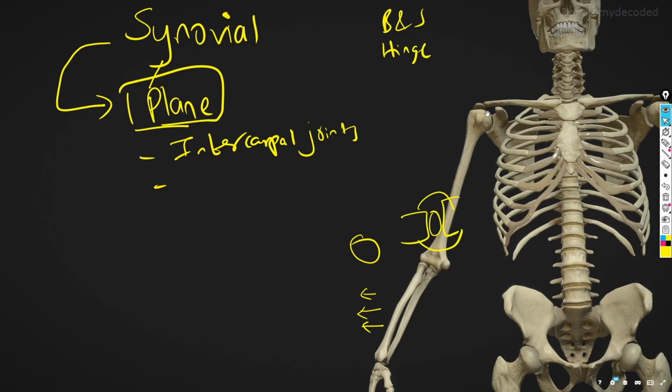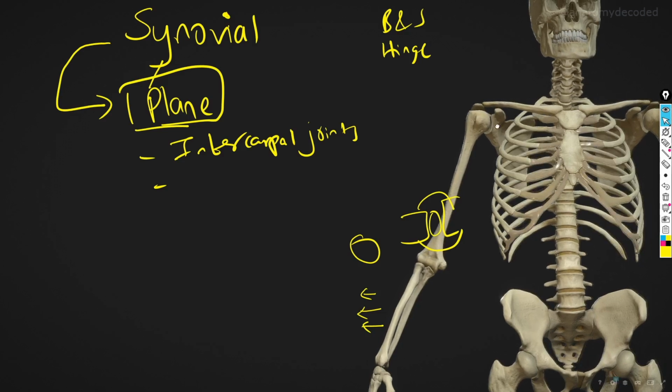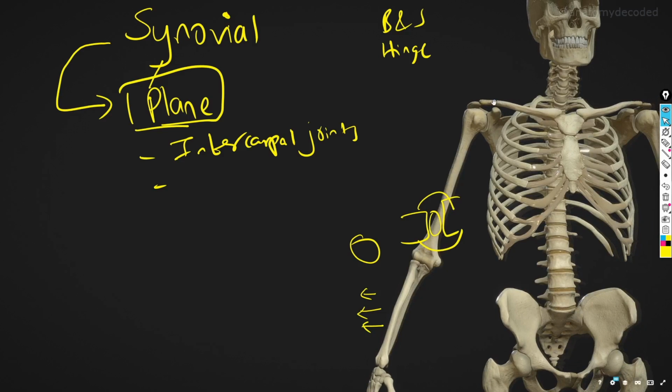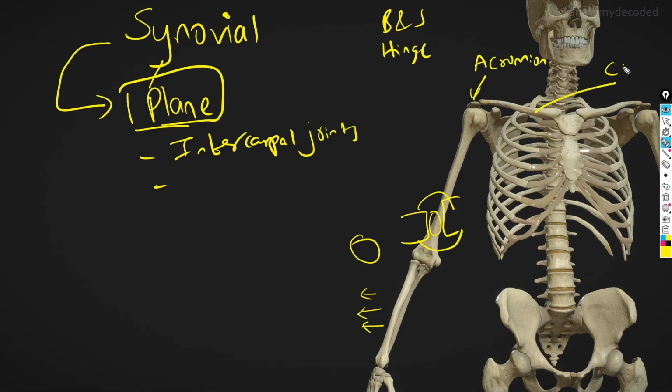Look at the clavicle bone and the lateral end of the clavicle. The lateral end of the clavicle is articulating with which bone? The scapula, right? Which part of the scapula? The acromion process. The name of the joint here is the acromioclavicular joint.